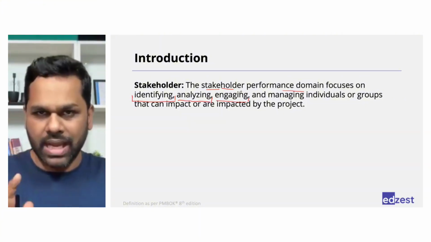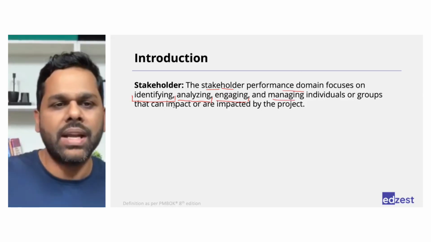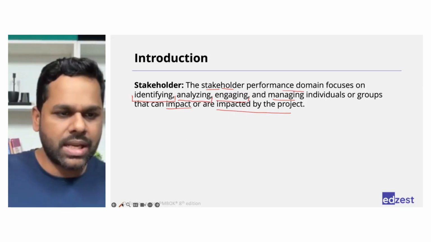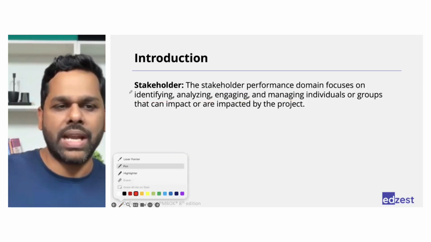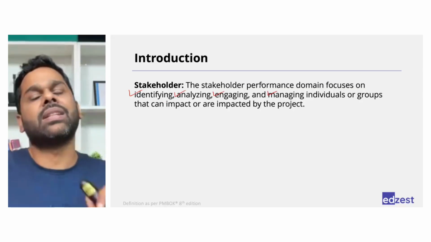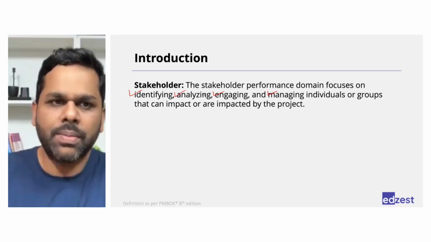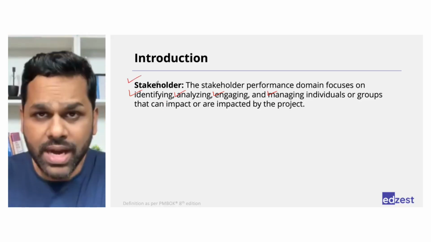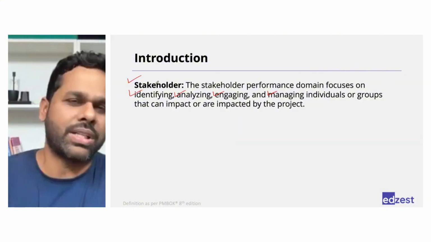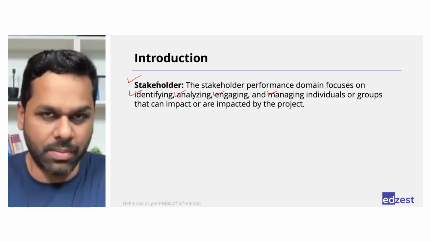And managing individuals or groups that can impact or get impacted by the project. Basically, stakeholder performance domain is all about identifying, analyzing, engaging, and managing the stakeholders. If we do this well, we will be able to keep our stakeholders satisfied, and stakeholder satisfaction is one of the most important parts of project success. That's what stakeholder performance domain is all about.